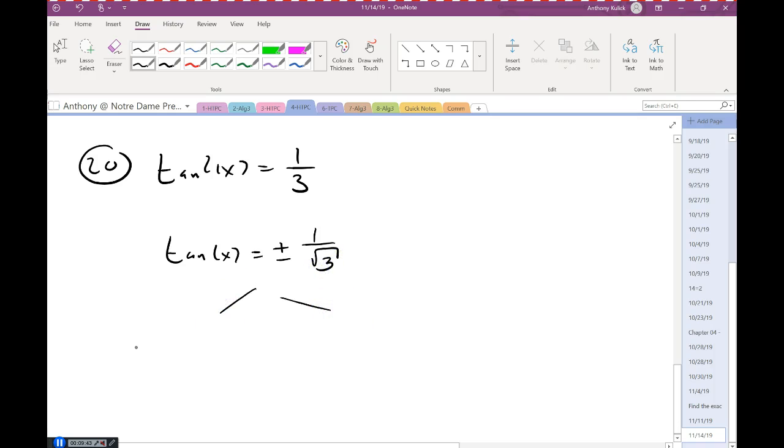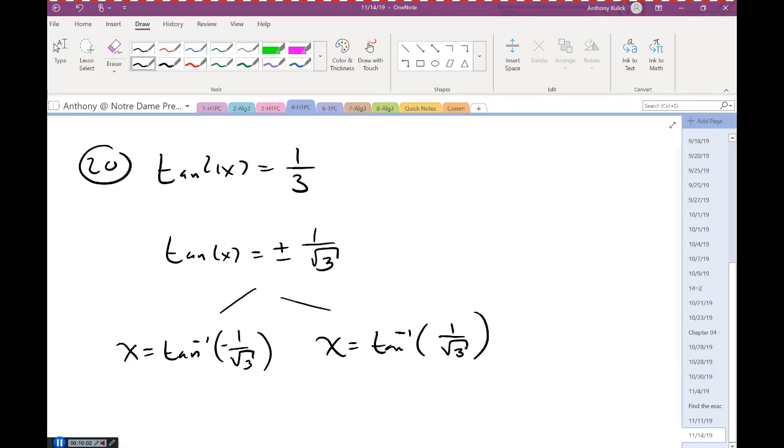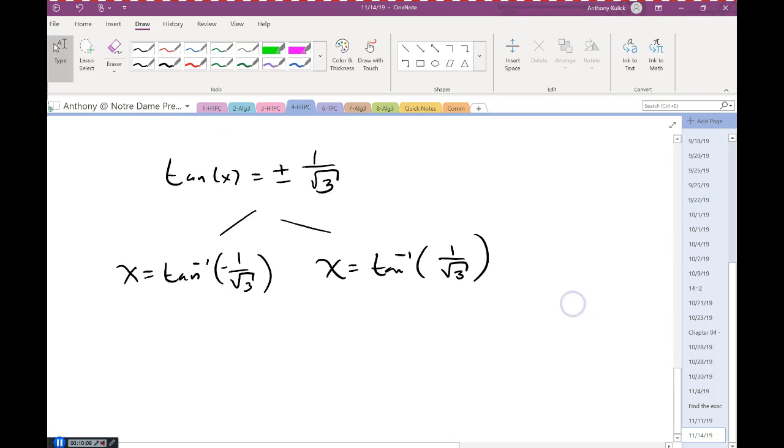And then to solve this, I'd have to split it into 2 separate equations and take the tan inverse. Okay with that so far, Colette?